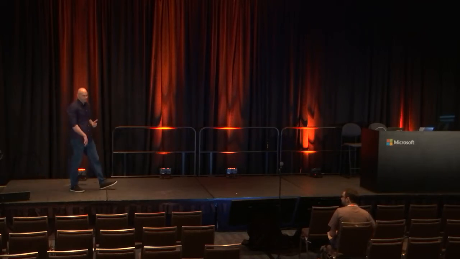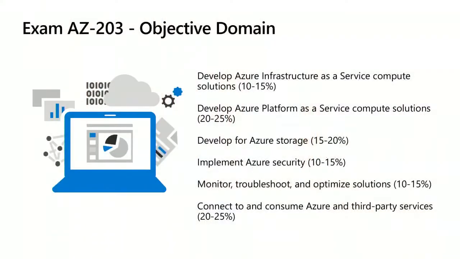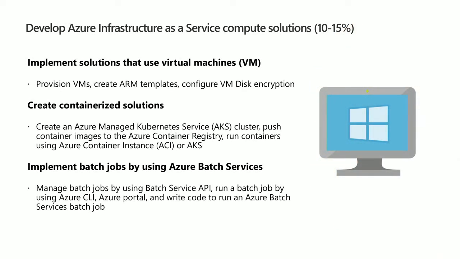A lot of the stuff in there is going to be things like Application Insights, Azure Monitor, and so on. And then finally, connecting and consuming Azure and third-party services, 20 to 25%. There's a variety of things in there that we'll get into, but messaging, different things, and we'll take you into that.